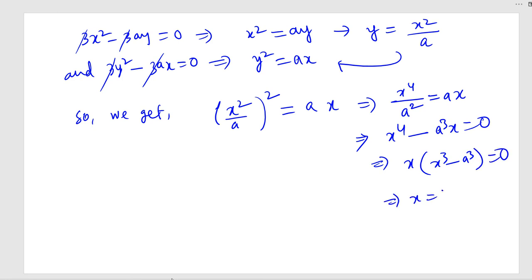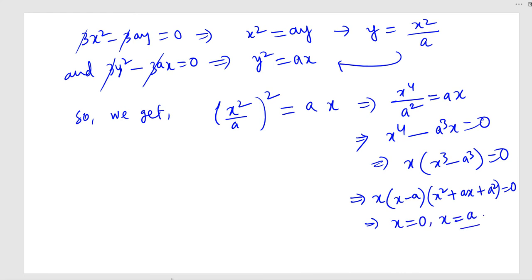So x equals 0, and you can write it in terms of the other: x into (x minus a) into (x square plus ax plus a square) equals 0. So from here you get x equals 0 and x equals a.